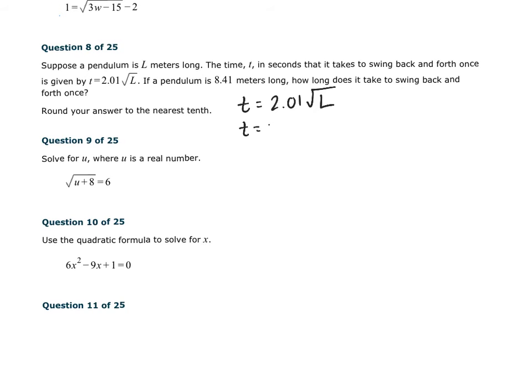Really all you're doing is plugging this in and then solving it. Okay, and more than likely it will give you a calculator to help you with that. Okay, so it does say round to the nearest tenth, so t is approximately equal to 5.8, and that's going to be seconds.